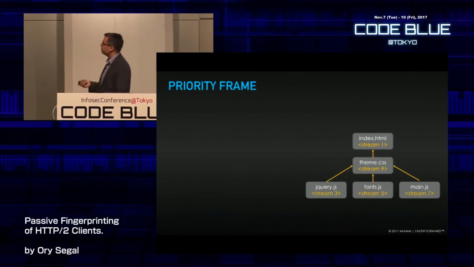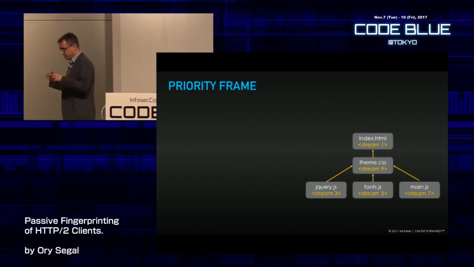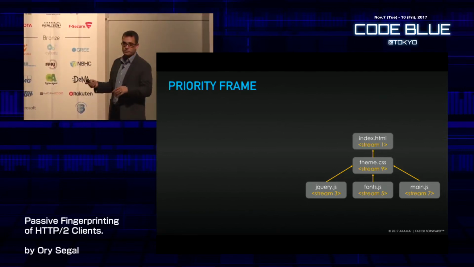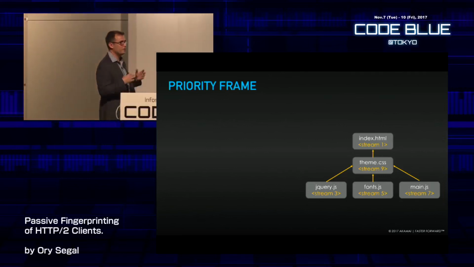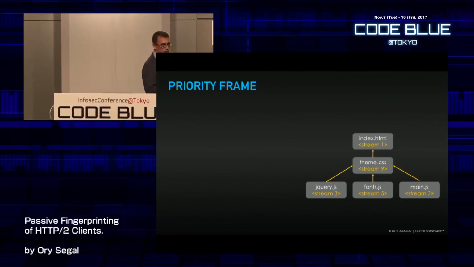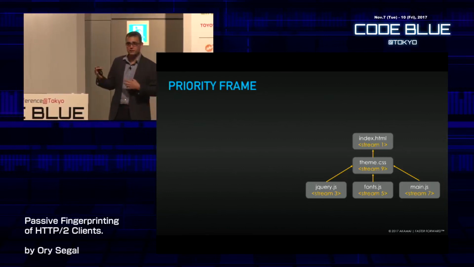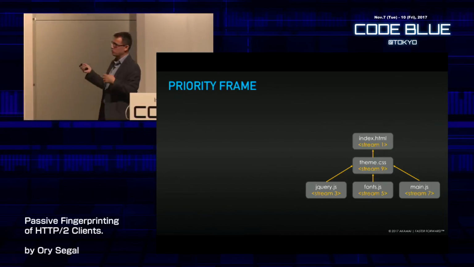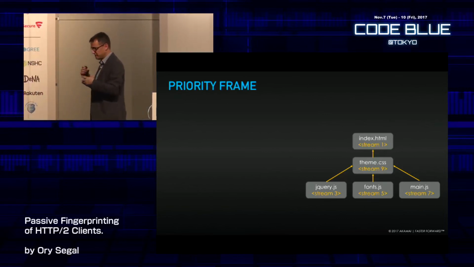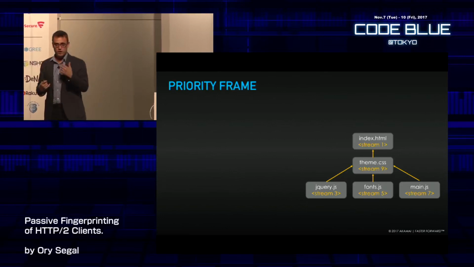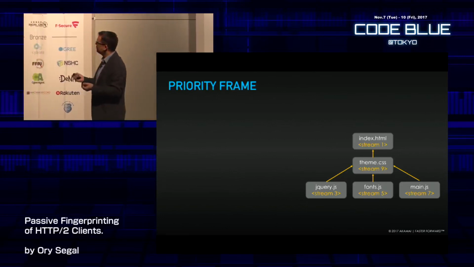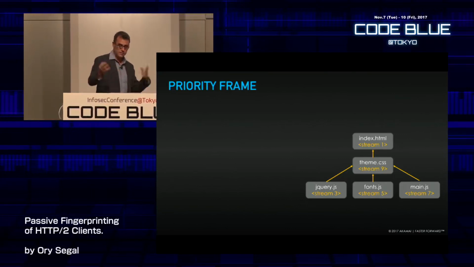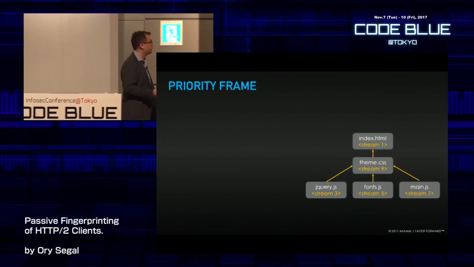Priority frame. Different streams can set different priorities. For example, if you have the main index page being transported over the first stream, you may want other streams to be dependent on that main thing. So you want to give priority and dependency to the streams. You want to start with the index HTML, make sure that this gets the highest network traffic priority, and then the other streams that are responsible for the auxiliary files, the CSS files, the fonts, the JavaScript, and whatever.